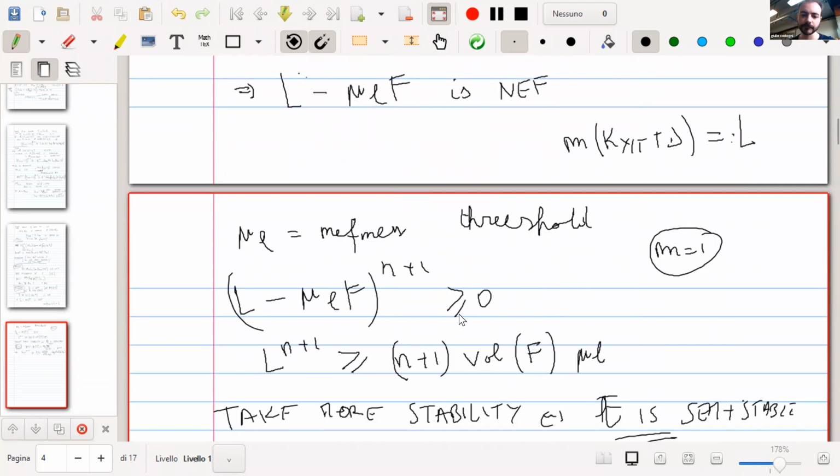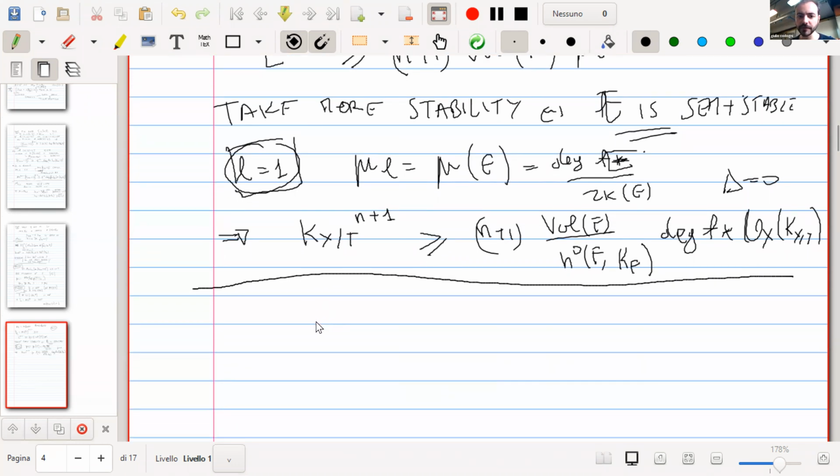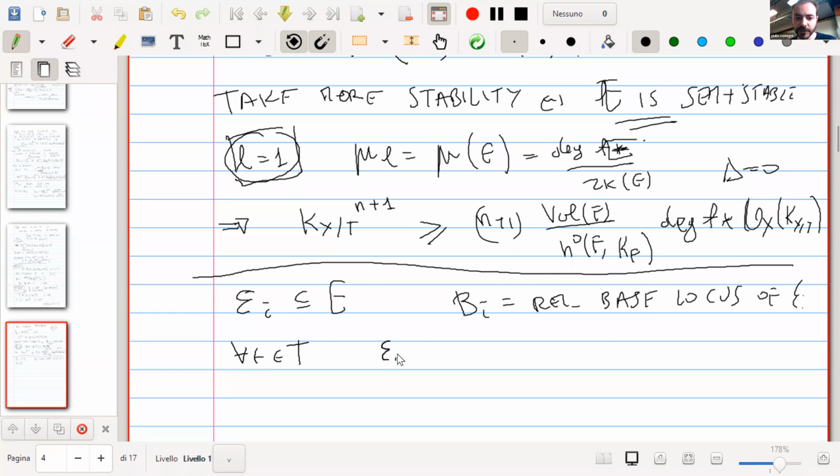Okay. So we use less positivity. What we do is the following construction. We have this E_i inside E. We take B_i to be the relative base locus of E_i, i.e., for every t in T, the restriction of E_i at the point t sits inside the H0 of the fiber X_t, L_t.